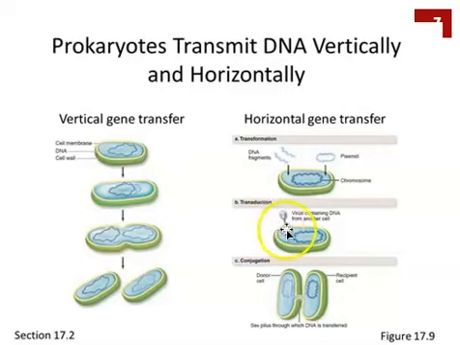And then they're going to go and infect another cell. And when they inject their DNA into that new host, they're also injecting a little bit of bacterial DNA. I know it sounds confusing, but it is a method for a virus to transmit bacterial DNA between bacterial cells.